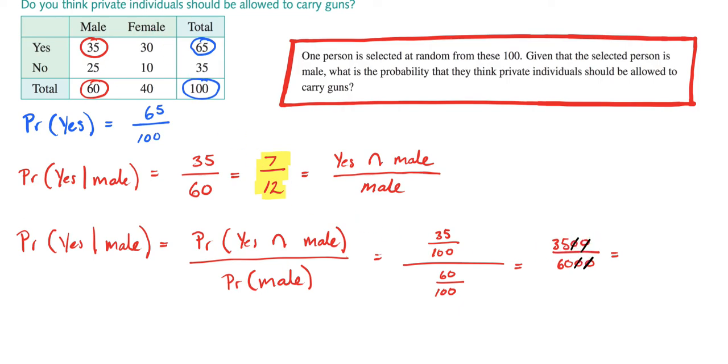So what I'm going to have is 35 over 60. And hopefully what you can see there is that it is the same as this. So even by going through a different method dealing with the probabilities, we're still going to end up with 7 out of 12.